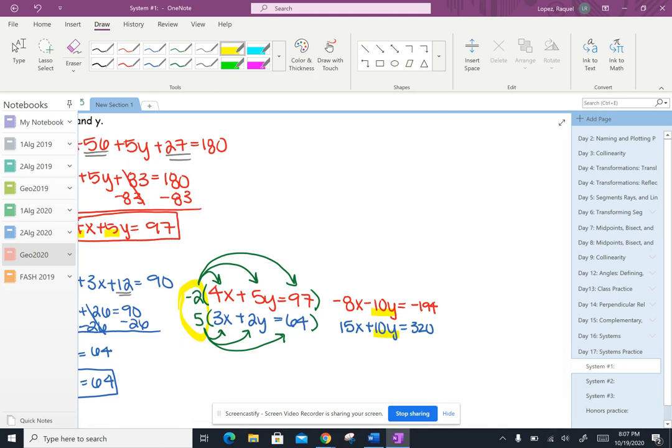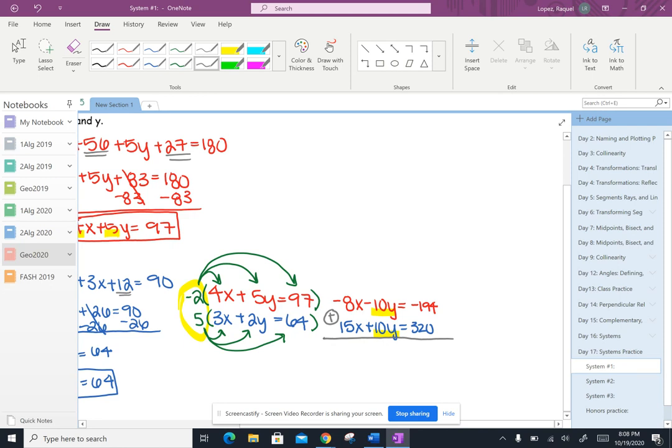Now let's focus back on our system over here. I've got the same coefficient in front of my y's. One is positive, one is negative, so I'm going to add those equations together.